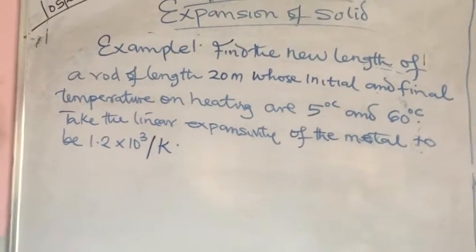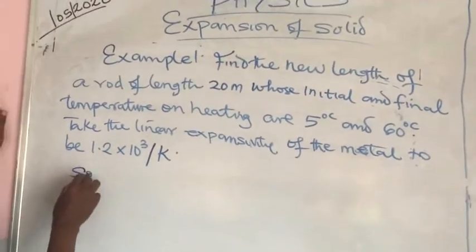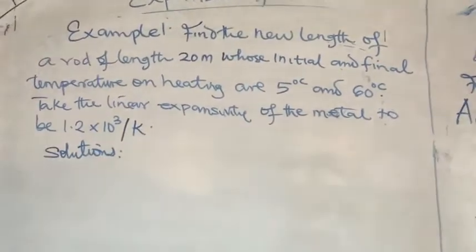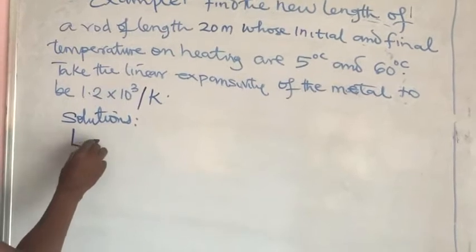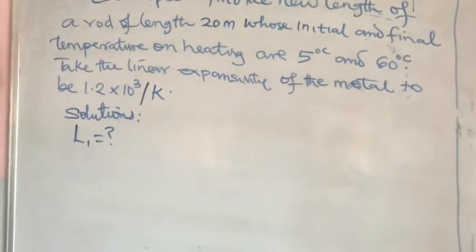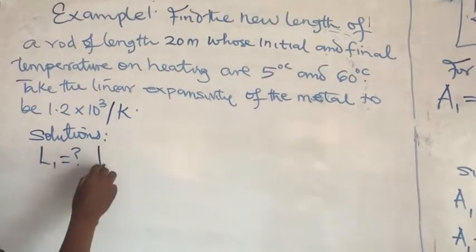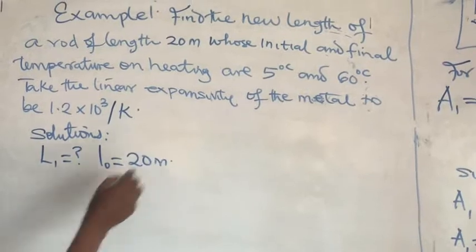I always advise you, before you start solving problems, you must write out the parameters. The question says find the new length. I know L1 is the new length, question mark. Of a rod of length, which means L0, before they start heating, the rod was 20 meters.